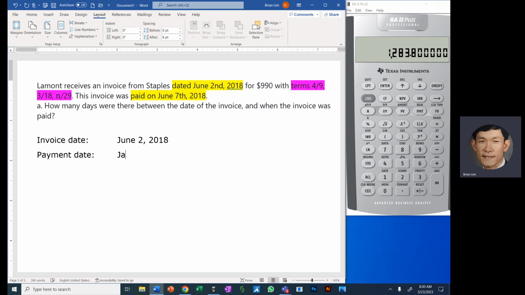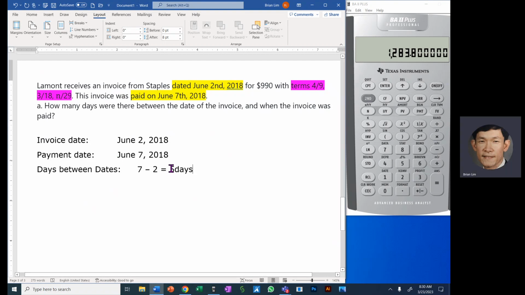This was June the 7th, 2018. So we want the days between dates. Well, it'll be 7 minus 2, which would give us 5 days.